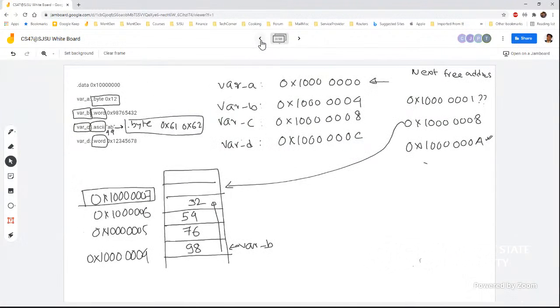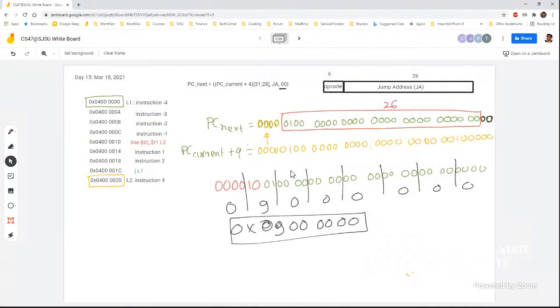It is just the reverse problem of the other one, where we know what the next PC is going to be. From there, we cut out that 26-bit pattern, take this 26-bit pattern and put it there as a jump address.